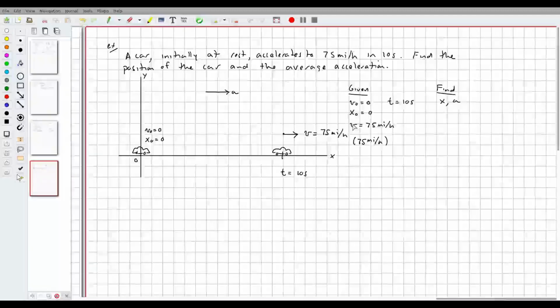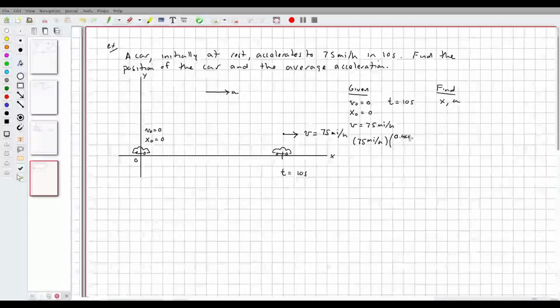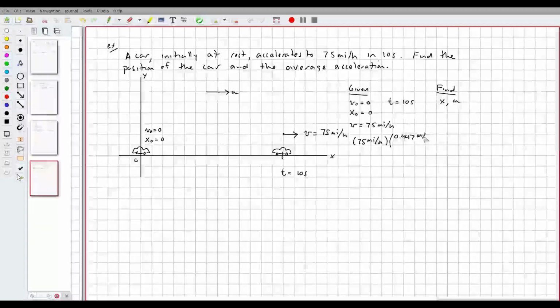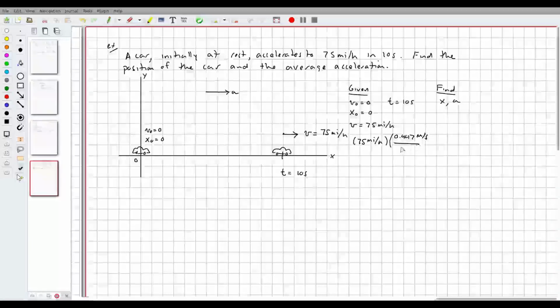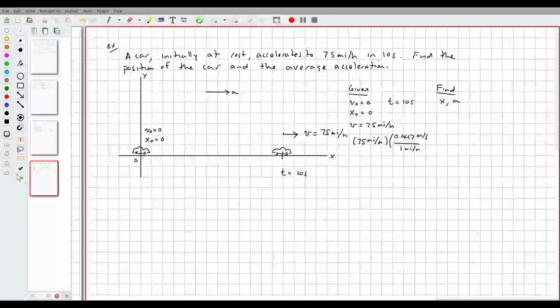We know that there are 0.447 meters per second for every 1 mile per hour.